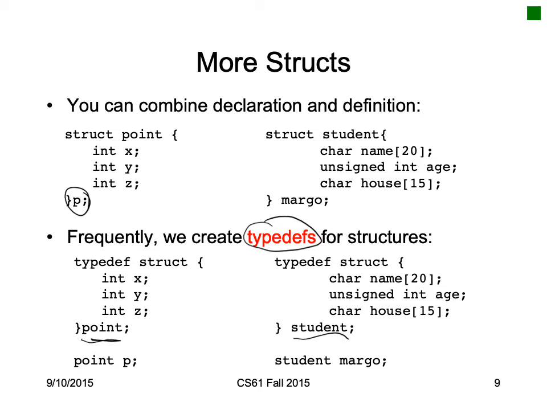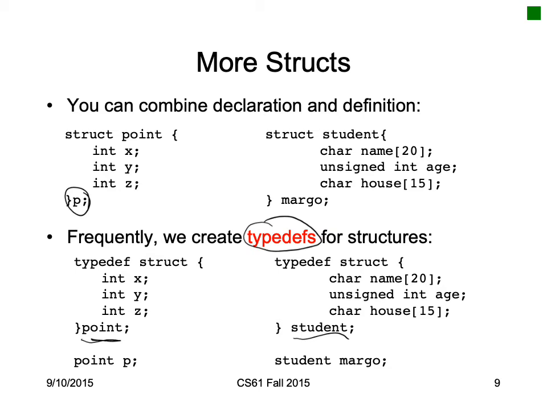So in these 2 examples, I'm going to create a name for a type. So I say typedef. The type I'm creating is a struct with these 3 fields, and I'm now going to give it the type name of point. So you can think of it as really creating a type. And so when I say point p now, that says that p is a variable. I've allocated space for it. The name is p, and its type is one of these structures.